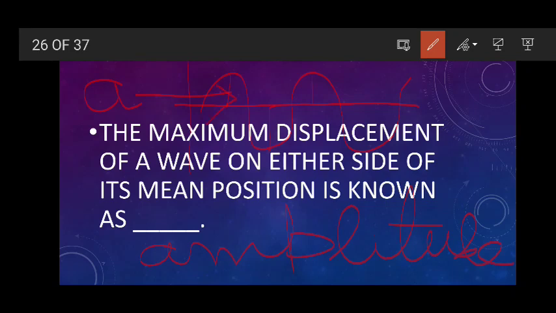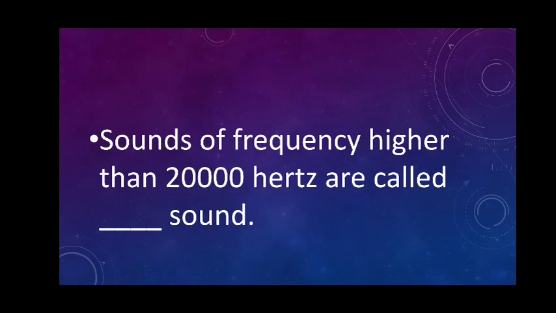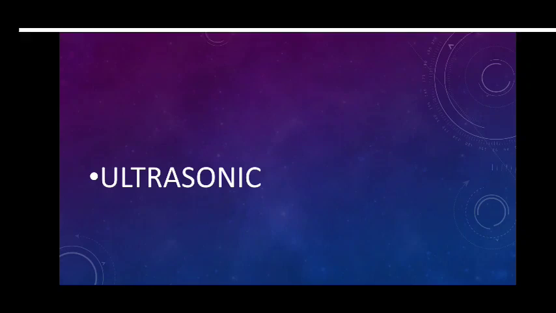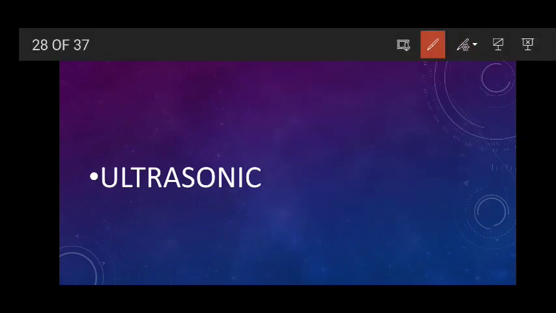Okay. Now the next question is, sound of frequency higher than 20,000 hertz is called what? Ultrasonic sound. Clear? And if it is less than 20,000 hertz, then it is called as what? Infrasonic sound.